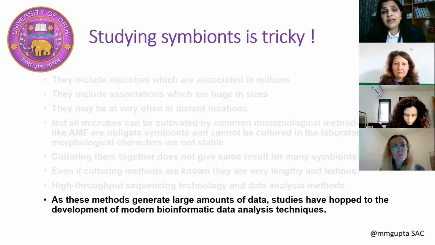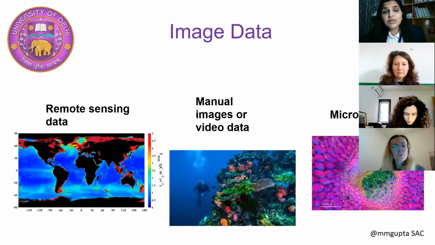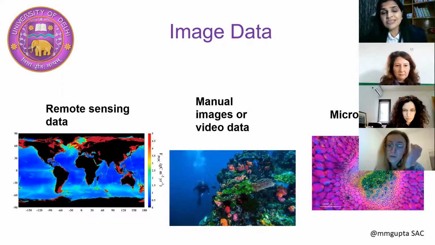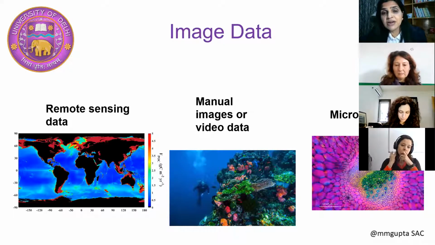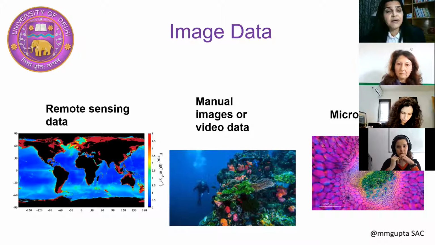The other area where symbiotic studies have really advanced is image data. With these symbiotic organisms, you get huge data, maybe as microscopic images, or images taken by videography in the marine environment, so we have huge video data.